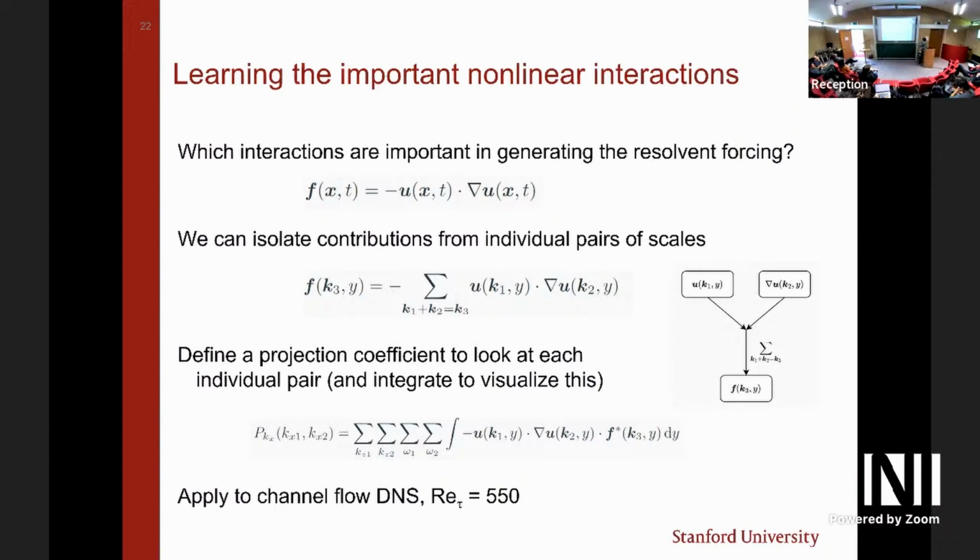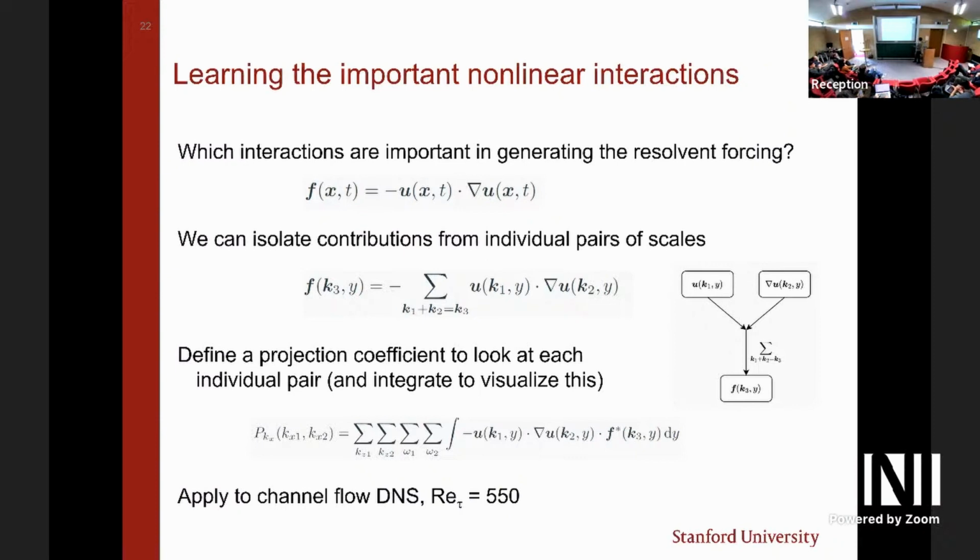What we're going to do is use a DNS of channel flow and actually start to quantify this and see if we can see any patterns. This kind of dovetails a little bit with what the professor was saying about low order modeling versus low fidelity modeling. We want to see if this low order way of thinking about things can inform anything about the low fidelity. If we run through this and think about what's going on even at one scale, we've got many, many dimensions.